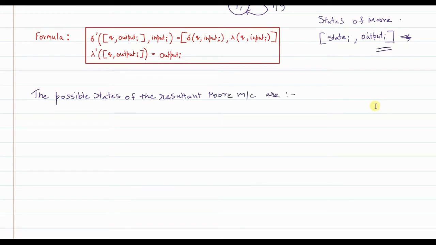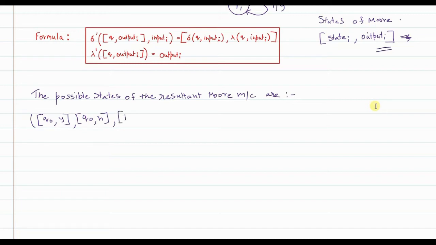Since Q0 is the first state given in the Mealy machine, the first state will be Q0 with output yes, then the same state Q0 with output no. So always the pair will be state comma output of the given Mealy machine, and that will be a state for the Moore machine.